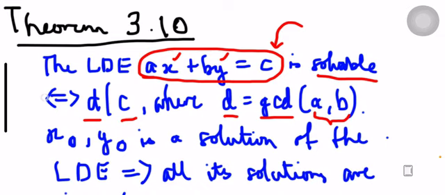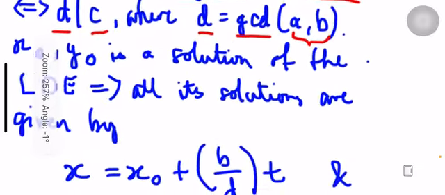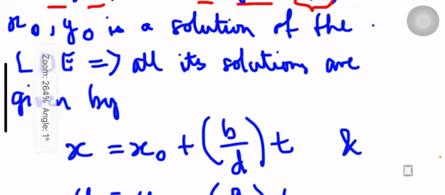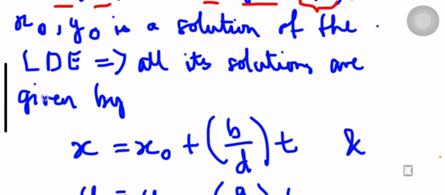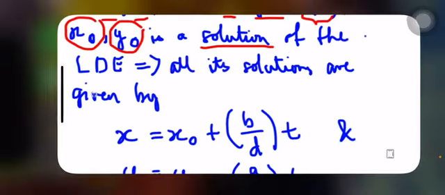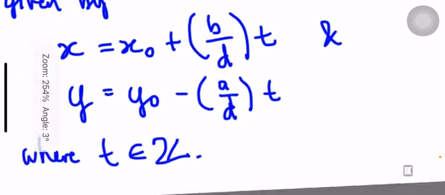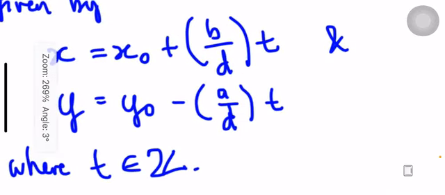Now, the next statement of the theorem is that if you have a certain x sub 0 and a y sub 0, which is a particular solution of a given LDE, then all the solutions are given in this form. Let this be x sub n.